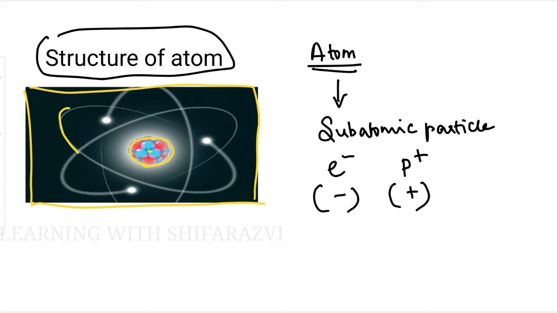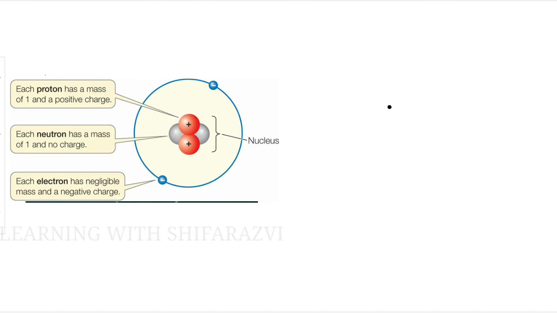That small tennis ball represents the nucleus of the atom. The central part is called the nucleus. This nucleus is made up of the protons and the neutrons.